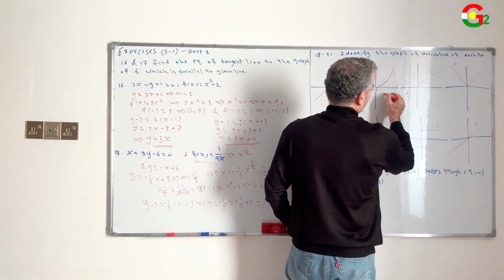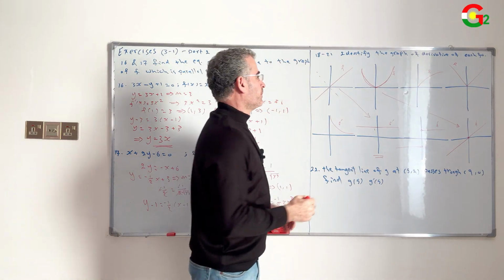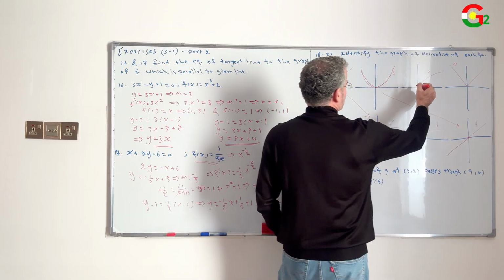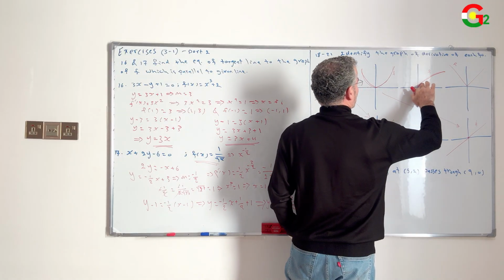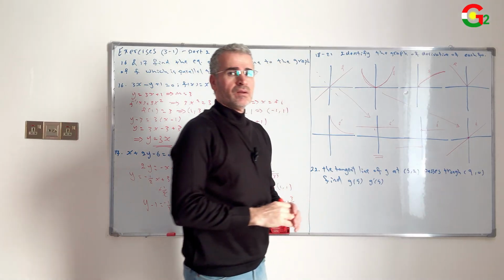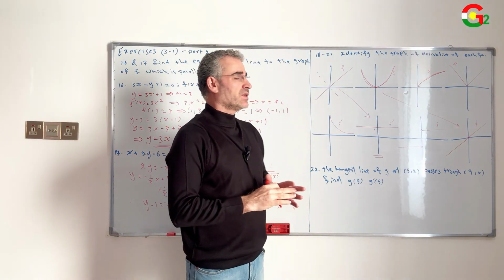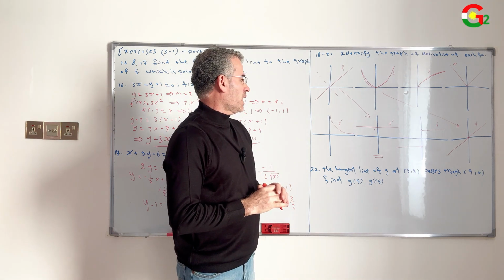Then the graph of this function is d. The graph of this function is, as you see, increasing from 0 to positive infinity. Then the derivative of this function should be over the x-axis.